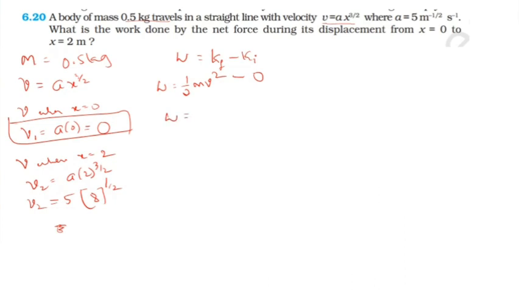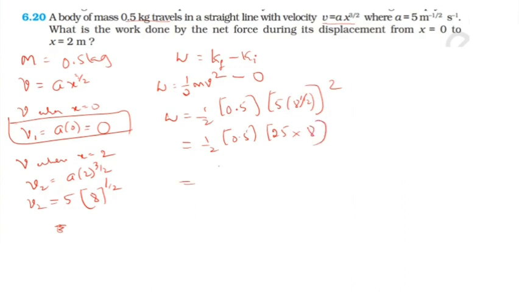So W is equal to 0.5 into v square, where v is 5 into 8 to the power 1 by 2, whole square. So 5 square is 25, and 8 to the power 1 by 2 is already a square root, now it is squared, so this will be 8.